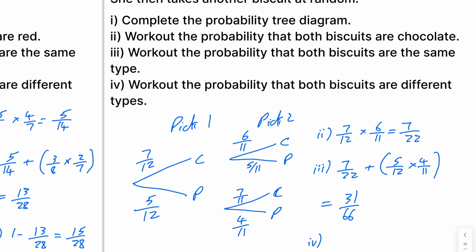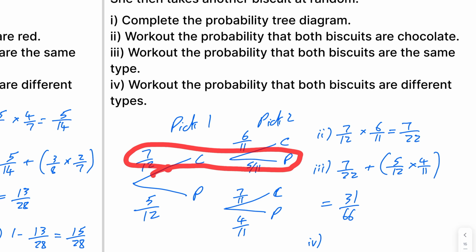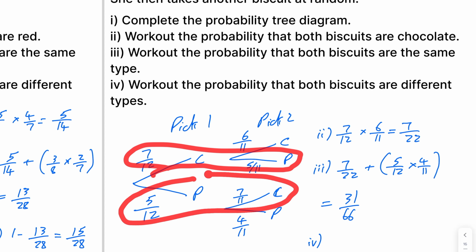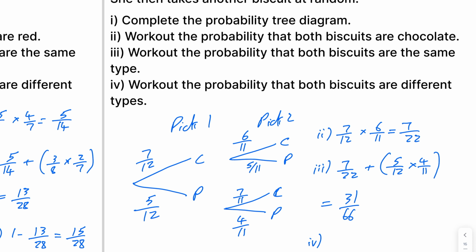And looking at the last question, that they're both different types, we can have chocolate and plain, and plain and chocolate. That would just be 1 minus the probability of them both being the same. So 1 minus that gives you 35 over 66.